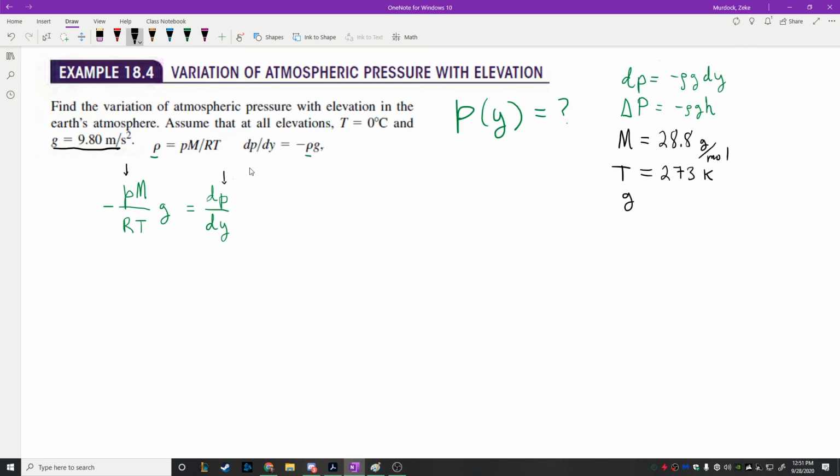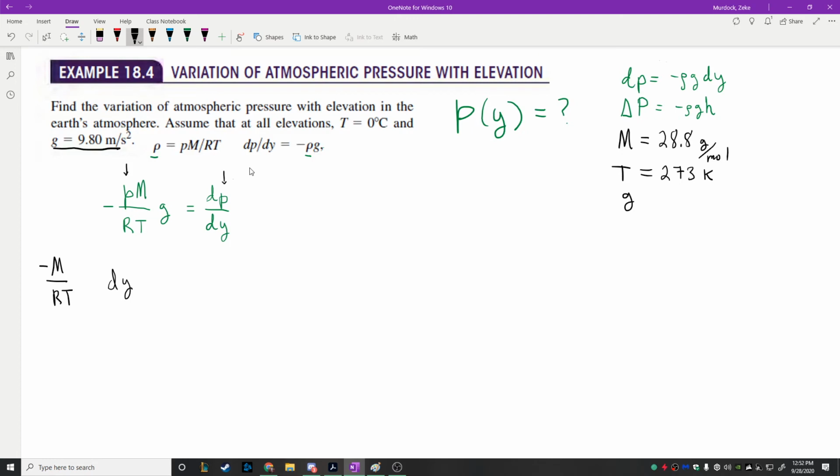So M, R, and T are constants. P, however, is going to change. dP means it's going to change. So we'll put those together, and we'll write it like this. We're going to have dy times P, that's the one thing that's changing, times M divided by RT.